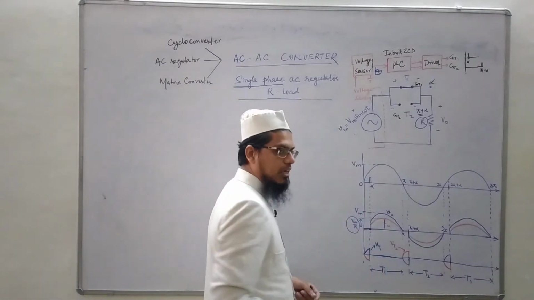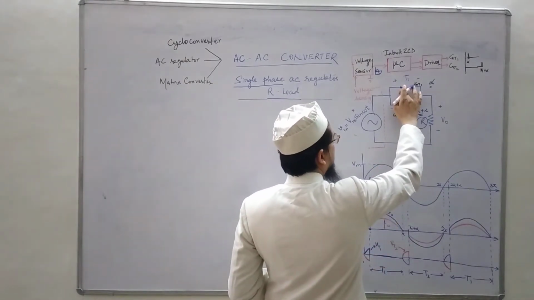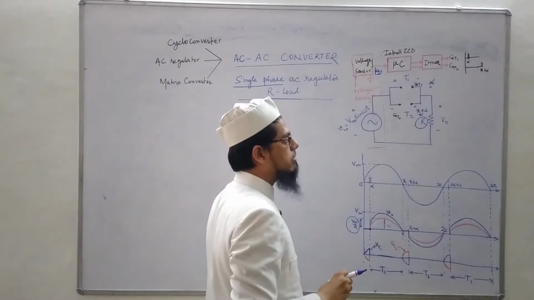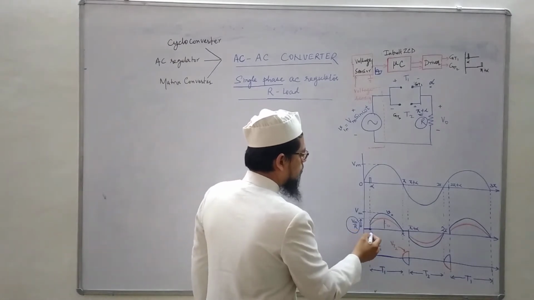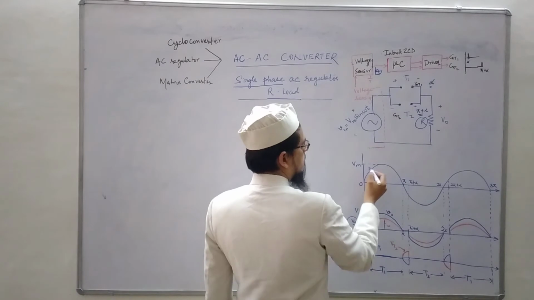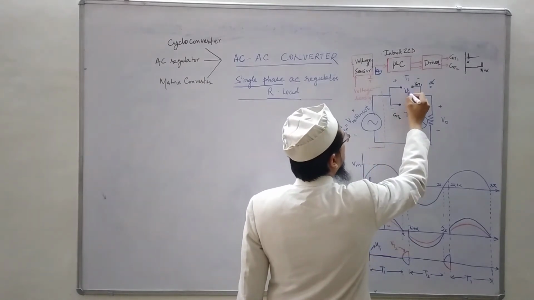What if none of them are conducting? Let us try to find out the voltage appearing across T1 from the instant 0 to alpha. From 0 to alpha in the positive half cycle, let me write down this VT1.